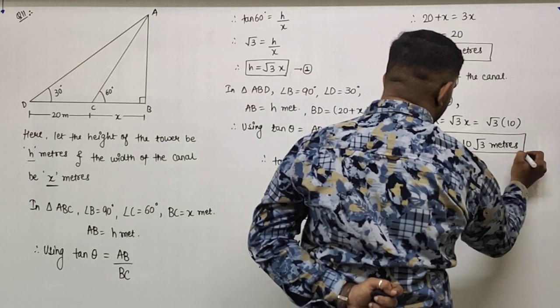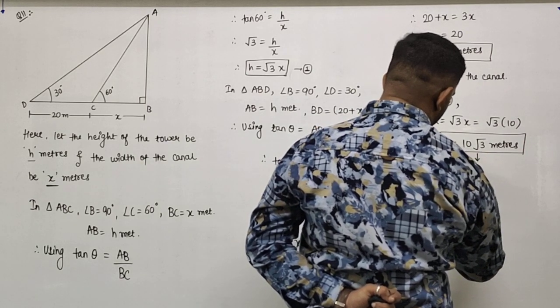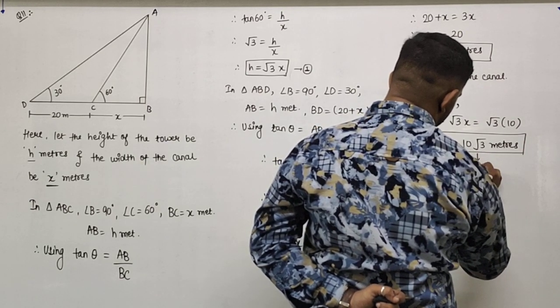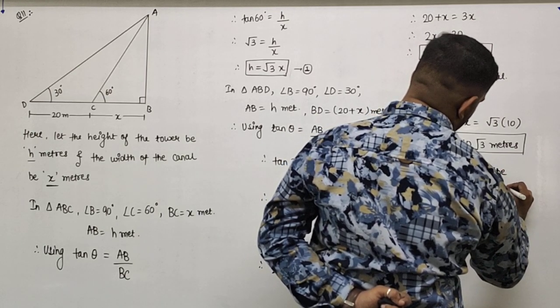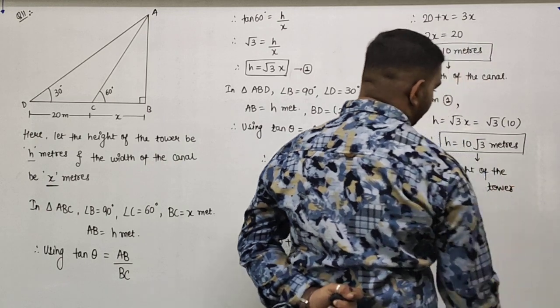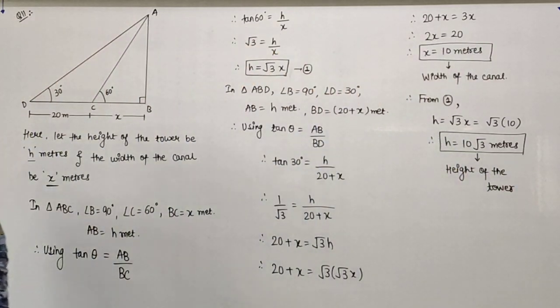And that is the height of the tower. Okay, so that is it about the answers. The width of the canal is 10 meters and the height of the tower is 10 root 3 meters. Is it clear?